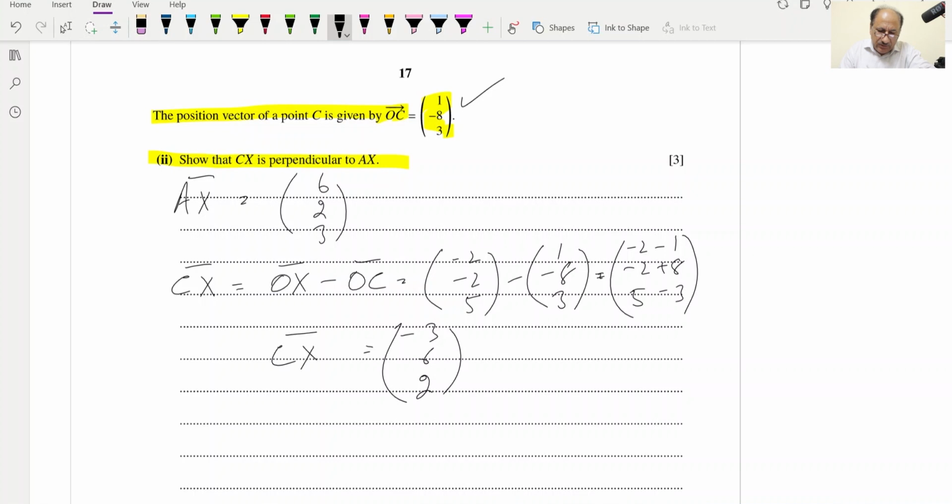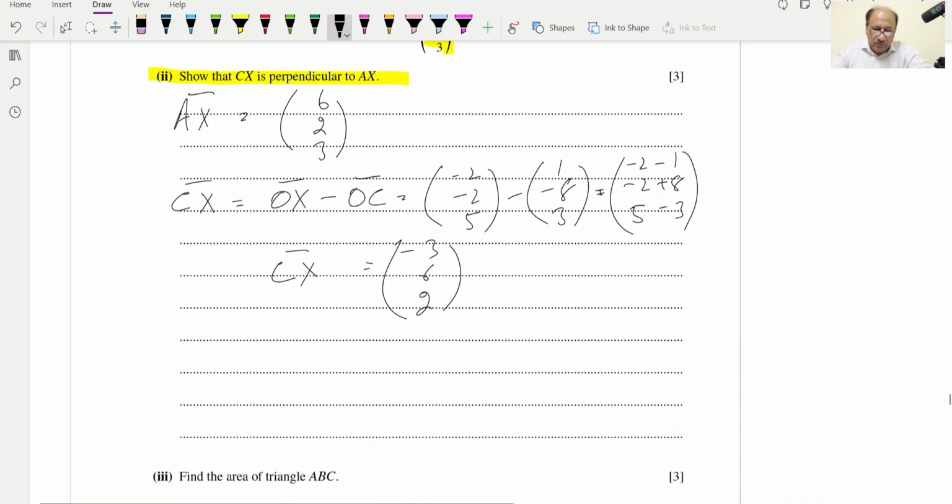This is CX. Now what we can do is check the dot product. If two vectors are perpendicular, their dot product is always equal to 0. So we will check that AX dot CX should be equal to 0.